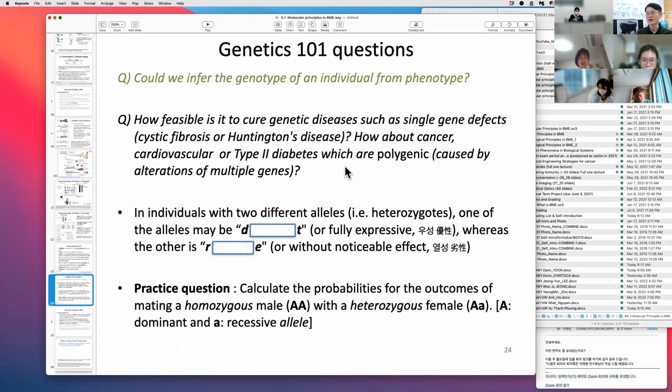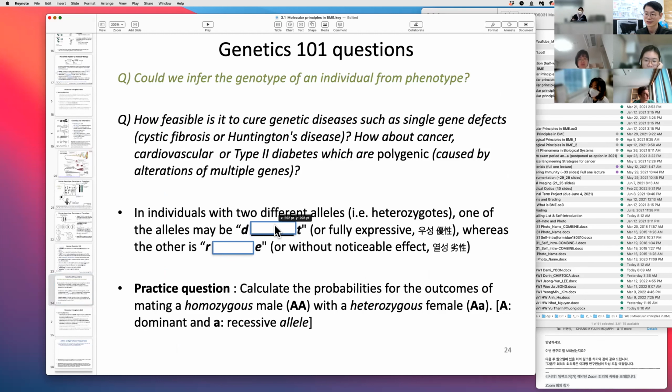So some of the question over here is, let's say, I think I'll just go through this one. So individuals with two different alleles. Different alleles means it's heterozygous. One of the alleles may be dominant. Yes, Professor. Dominant.